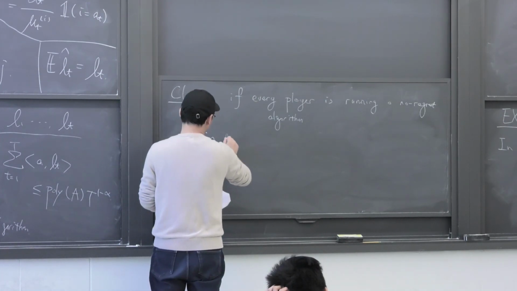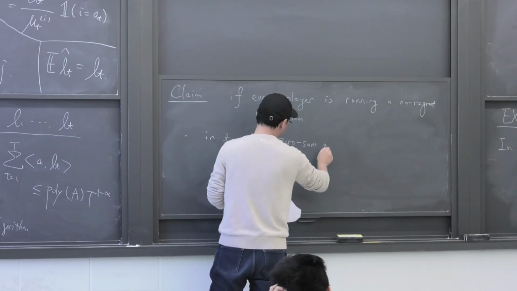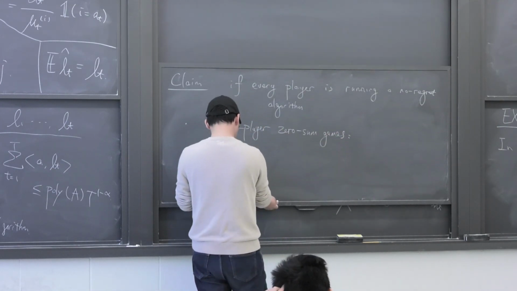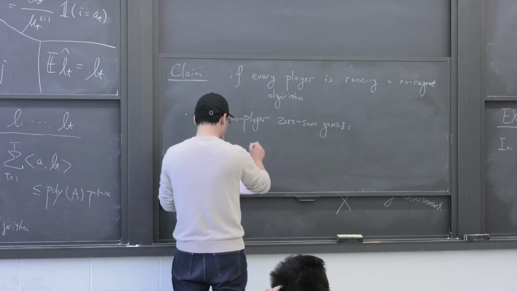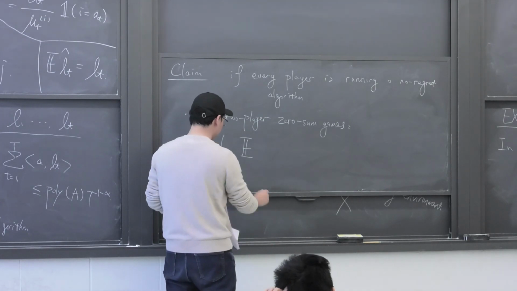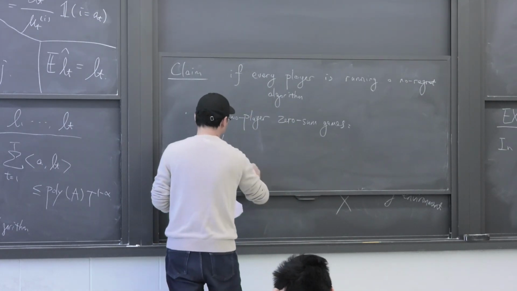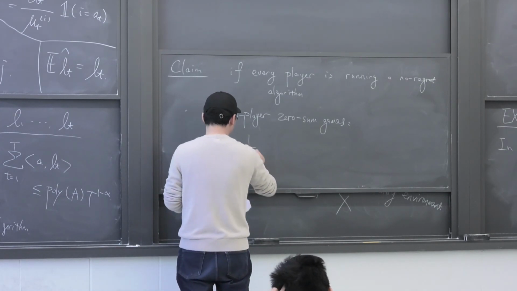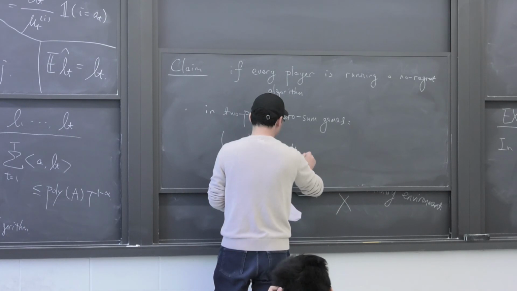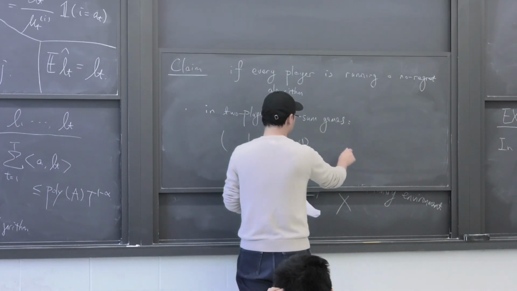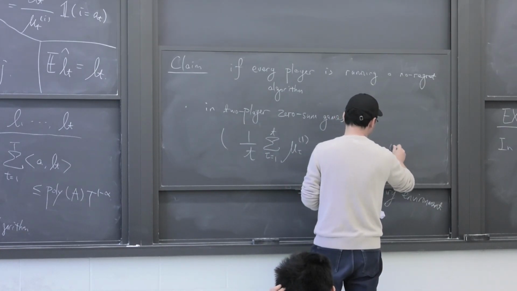Like in a two-player zero-sum game, we know the expectation, if we sample this T uniformly, we look at the average policy: 1 over T, summation tau from 1 to T, of mu tau 1, and 1 over T, summation tau from 1 to T, of mu tau 2.